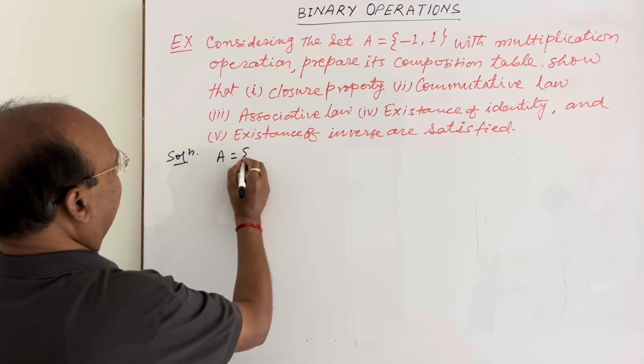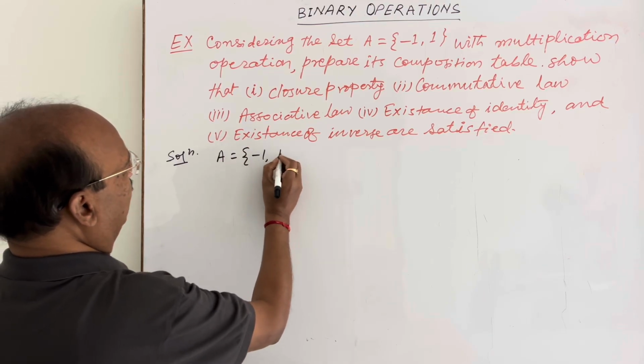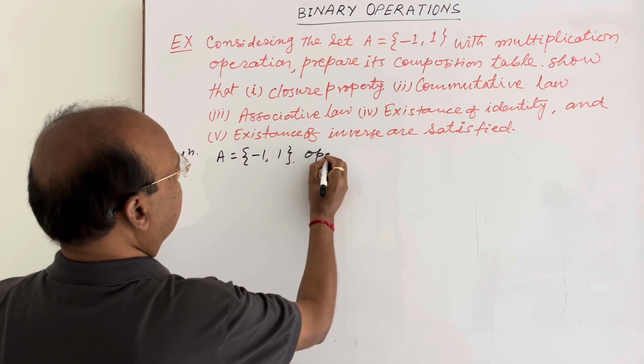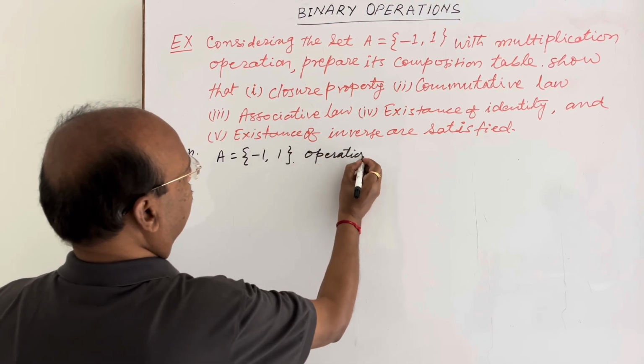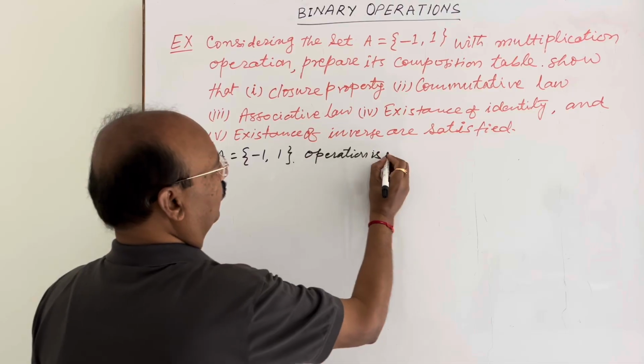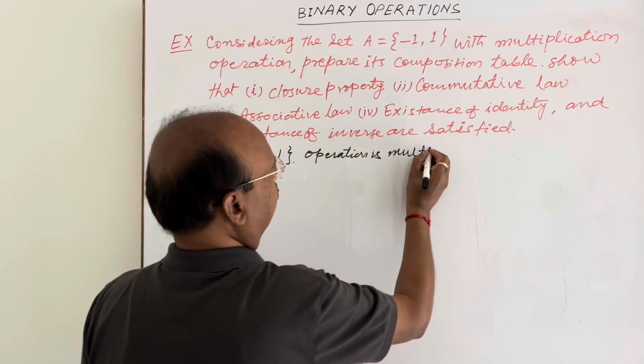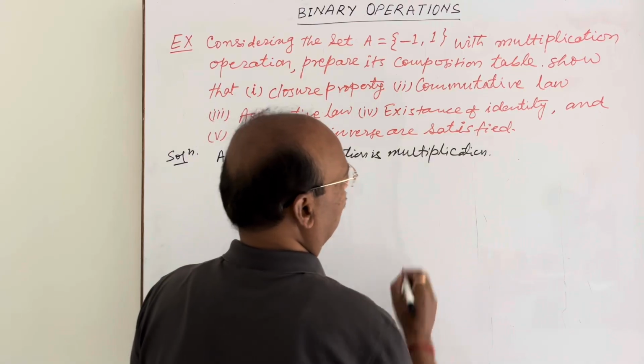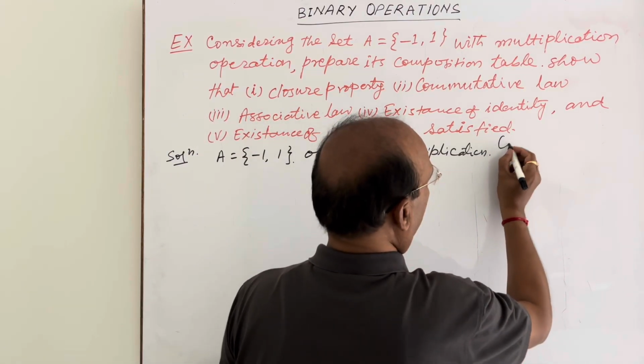Here set A is having elements -1 and 1 and the operation is multiplication. So now let us form the composition table.